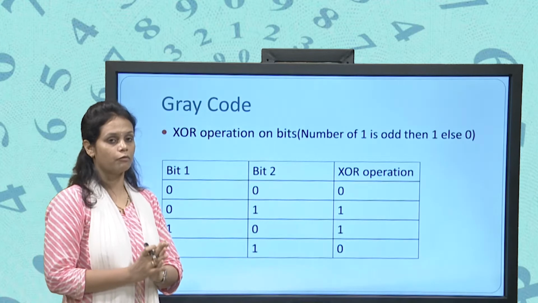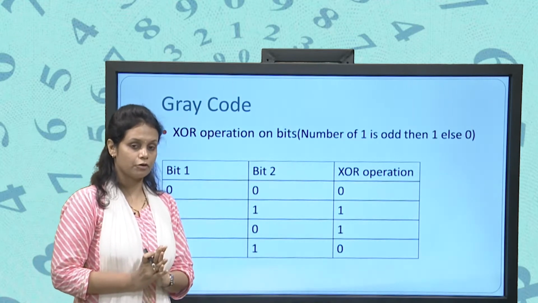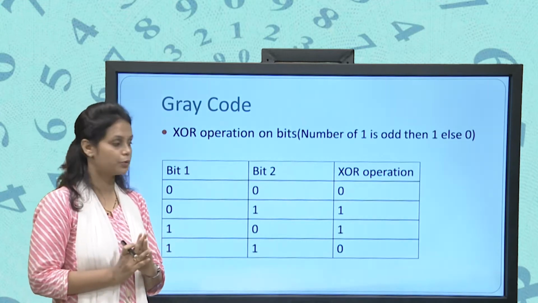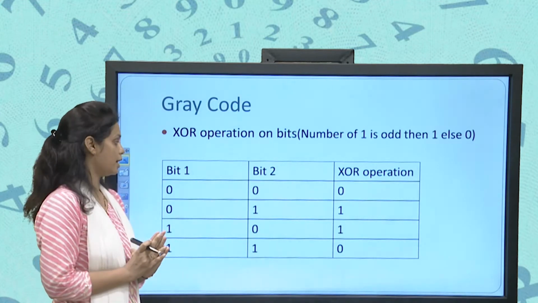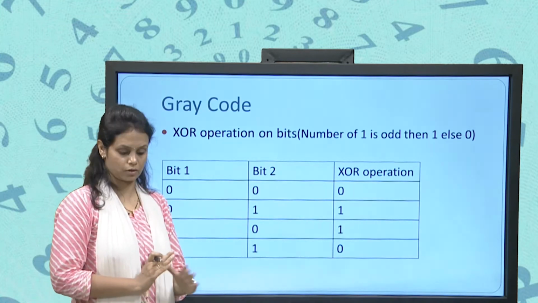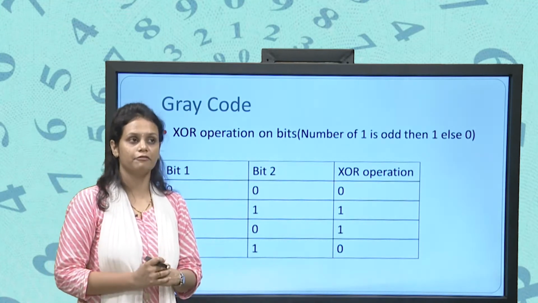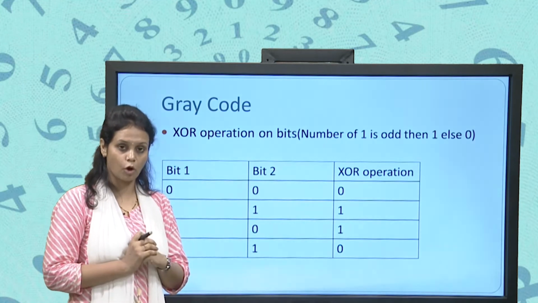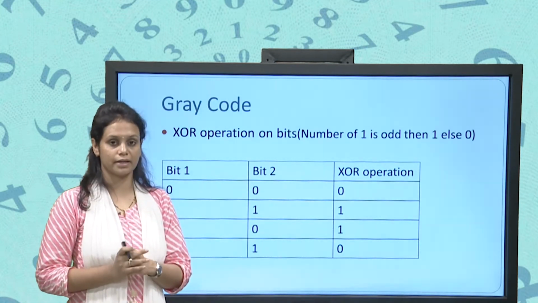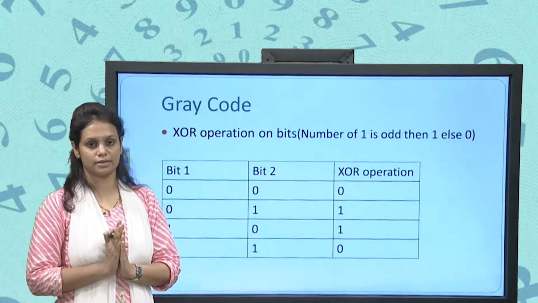Now what XOR will do: if your 2 bits are equal, then the XOR output is 0. And if your 2 bits are unequal, then the XOR output is 1. Or we can say if the number of 1s is odd, then the output is 1, and if the number of 1s is even, then the output is 0.